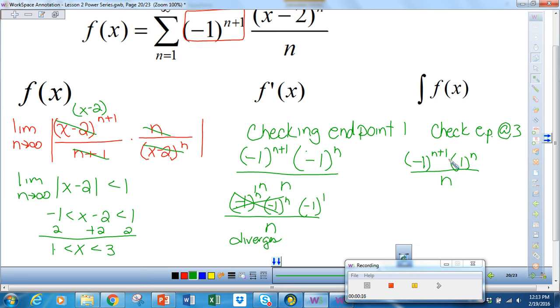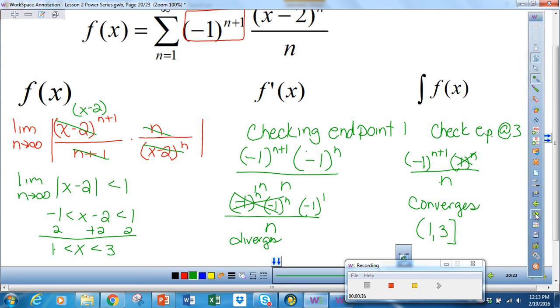Now, because this is a positive 1 to the nth, it doesn't matter, and this continues to alternate. And because it's alternating, it converges. It's alternating, and the limit as n approaches infinity is 0. So this converges. So my interval of convergence is 1 to 3, 3 included, 1 is not included.